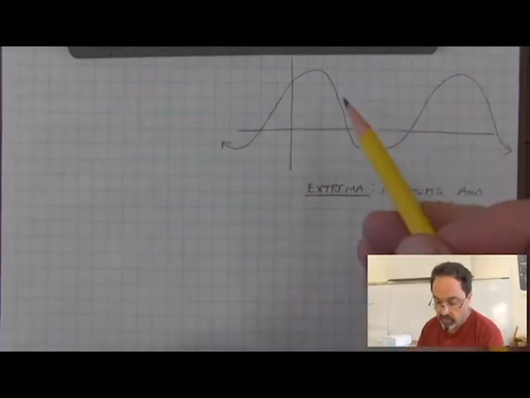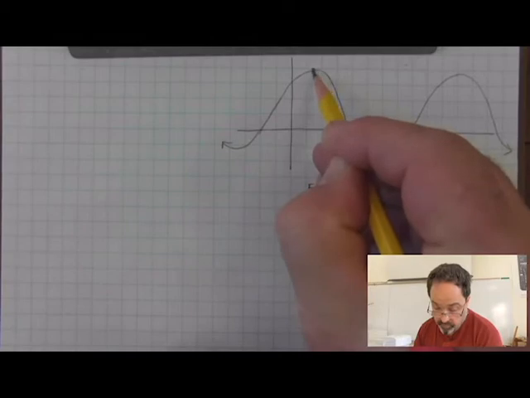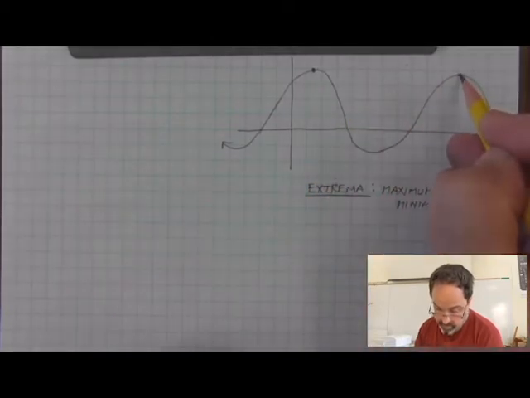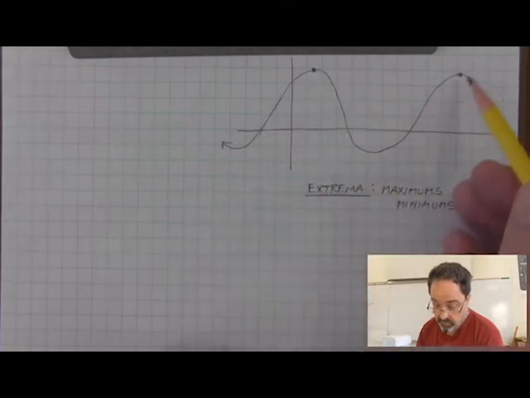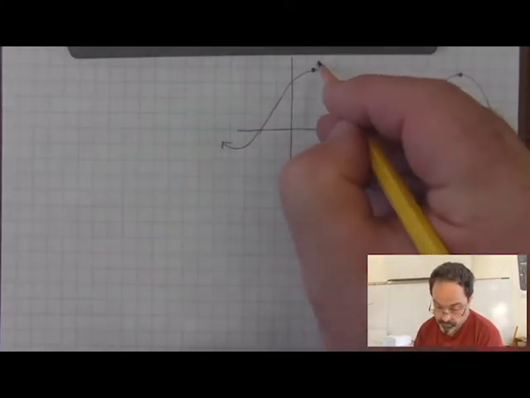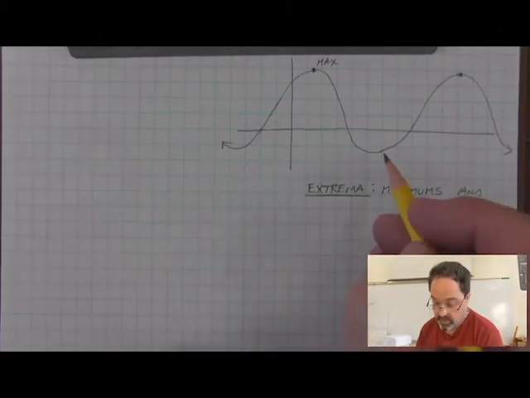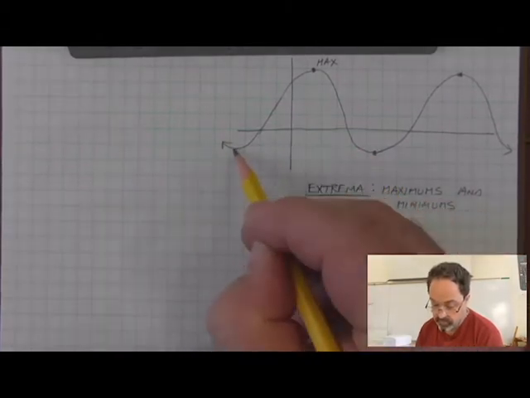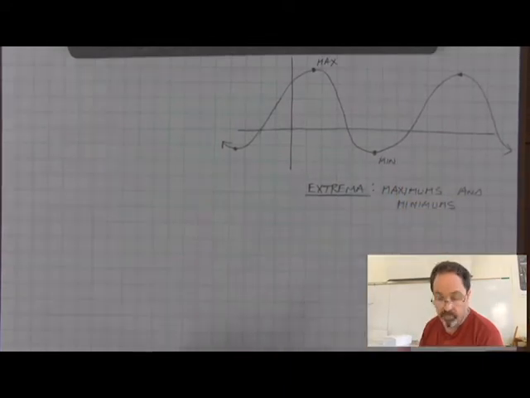The extrema on this wave are easy to observe. At the crest or top point, we have a maximum value, and the same maximum value repeats as the wave repeats. We can abbreviate maximum as max. At troughs or low points, we have minimums. We can abbreviate it min.